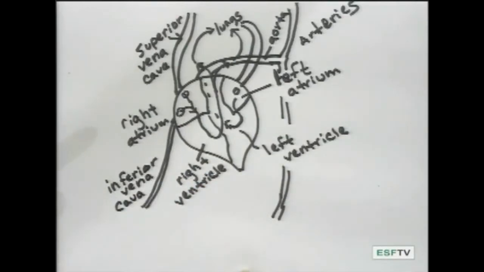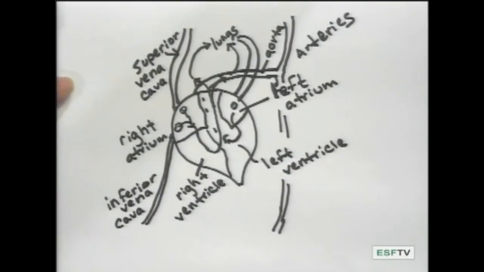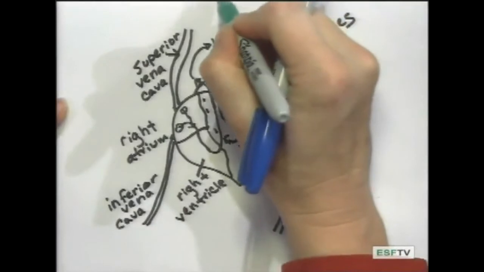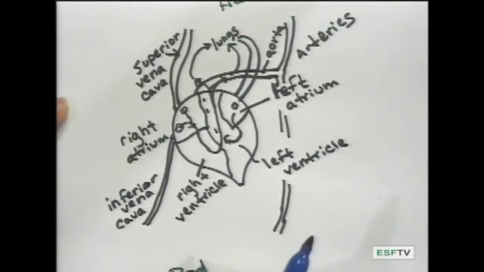Okay, and let's zoom out a little bit more and let's add a couple more structures or labels on here. So up here will be the head, and this will be the rest of the body.